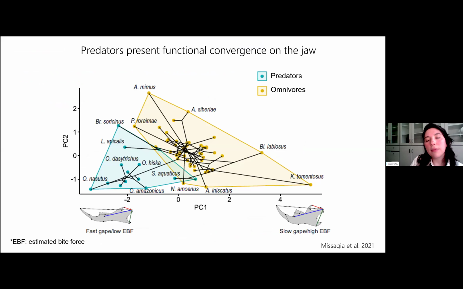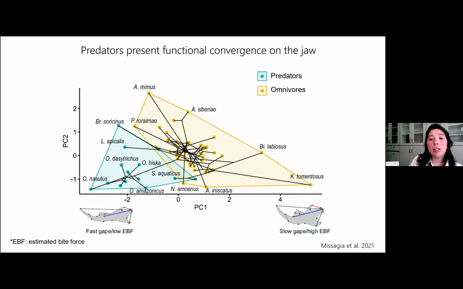And what we see here is a phylogeny of these species plotted over the mechanical advantage morphospace. We can see that predatory species, in blue, invaded this morphospace area on the left more than once, representing what we can call a functional convergence, with more slender and elongated jaws that have in general a faster gape and weaker bites.